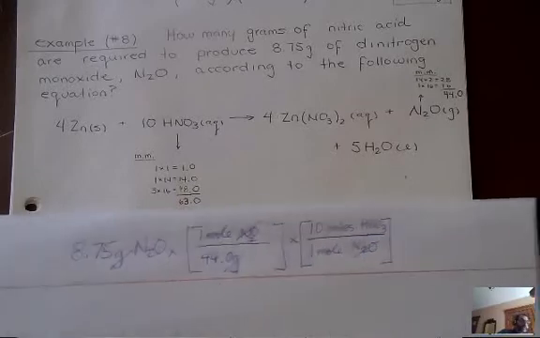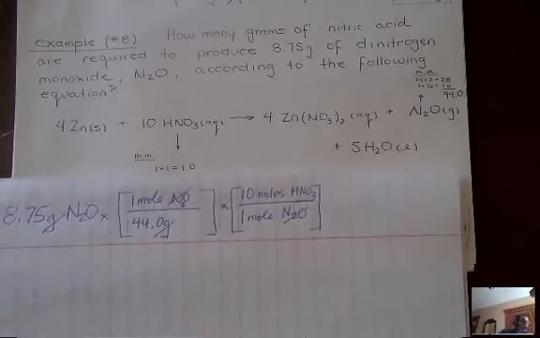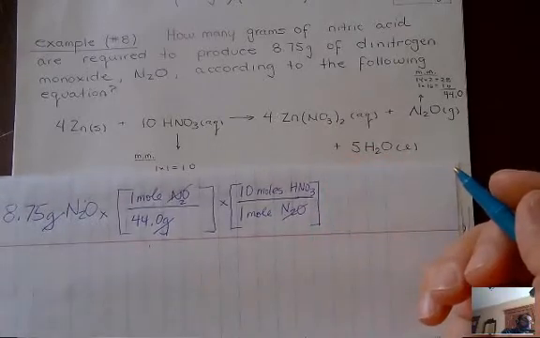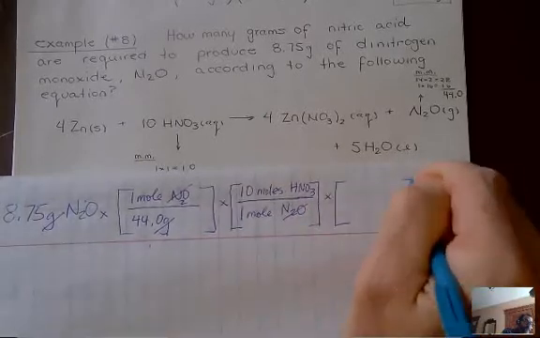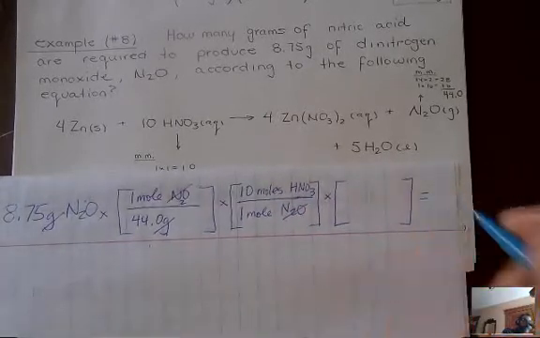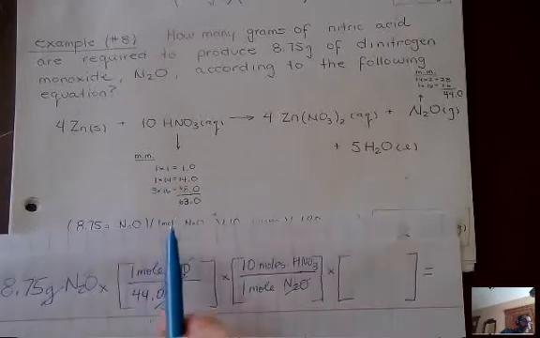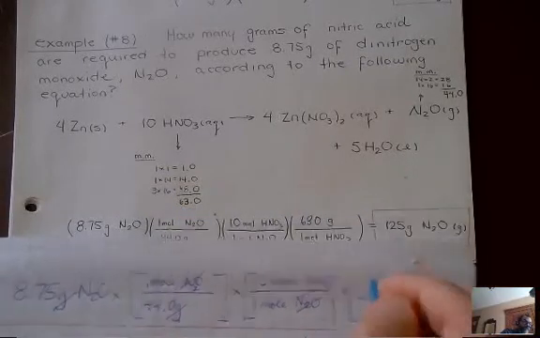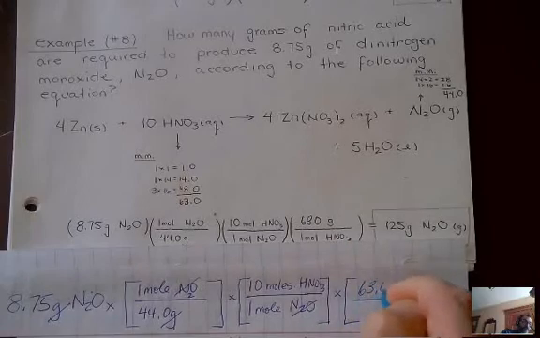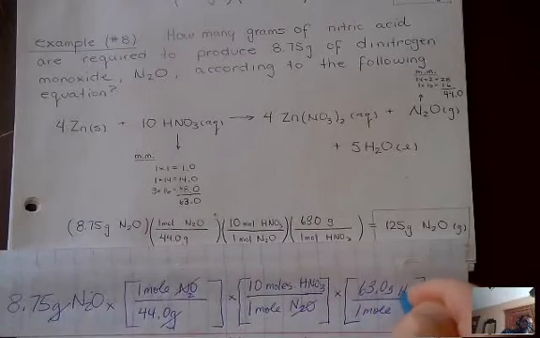But that's not what they want. They want grams, right? So the last step is multiply by the molar mass of nitric acid, which we calculated back here. That's the 63. Okay, it's going to go in the numerator. 63.0 grams to make 1 mole of HNO3.